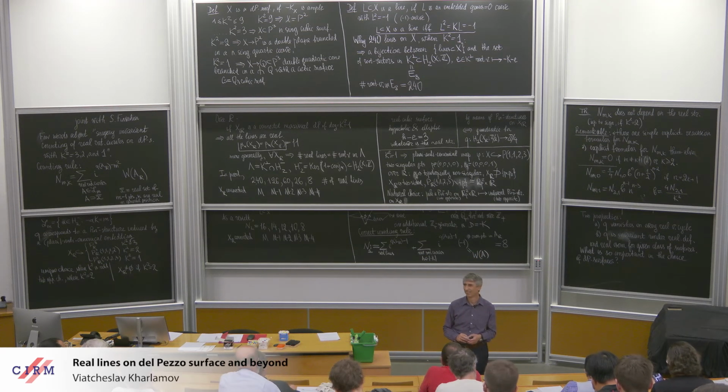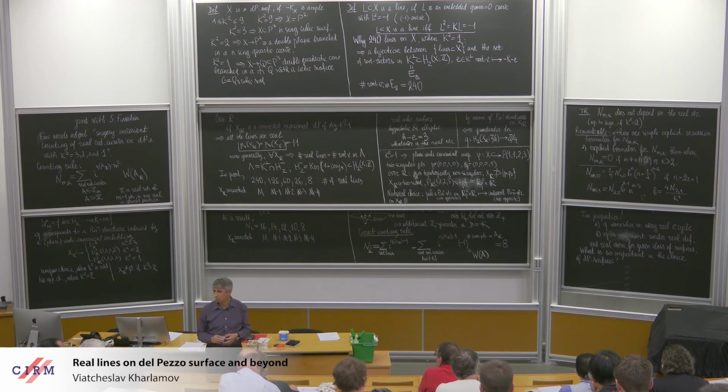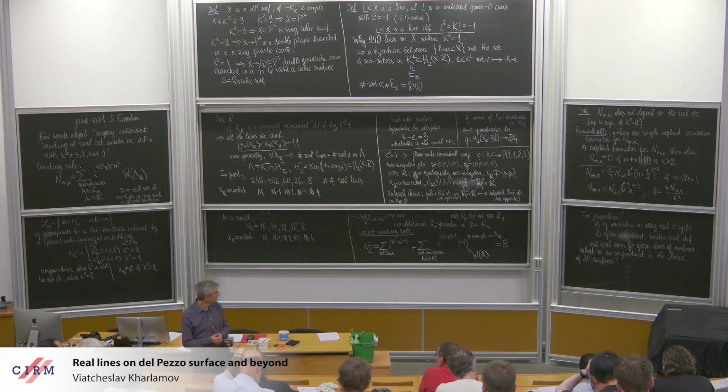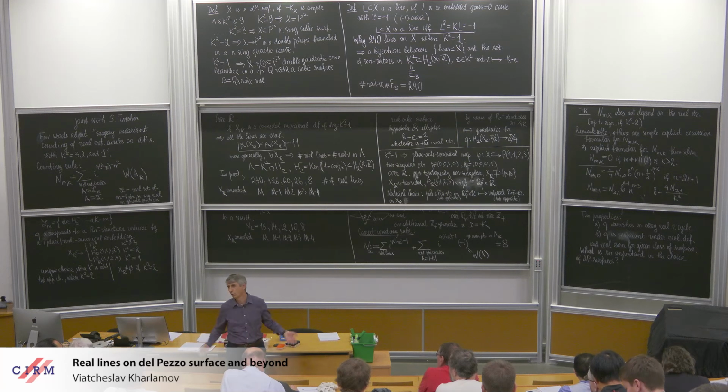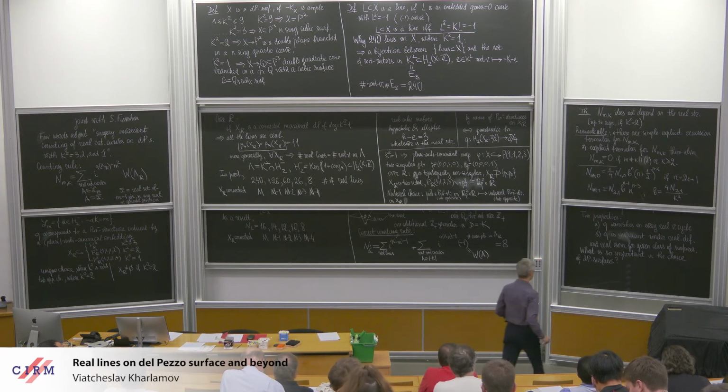No opinion? As opposed to what? Sorry? As opposed to what? For results to be true. No, but I mean del Pezzo as opposed to what? The general type or to other rational surfaces? Oh, to other rational surfaces, certainly. No. Well, okay, so we are simple people. We are not inventing objects. We just count them. So, yeah.